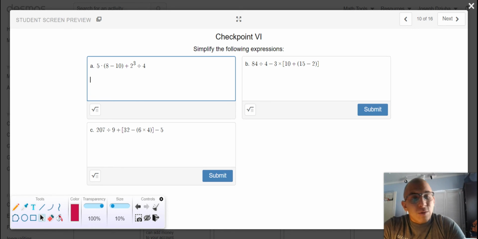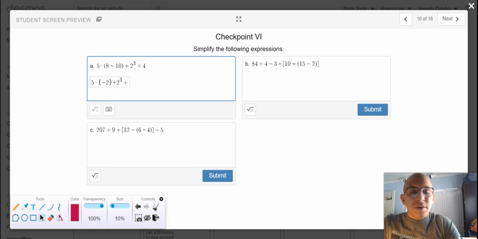First and foremost, I see that we have a parentheses. Therefore, if I look within it, I do see an operation of subtraction, and that is what I will do first. So 8 minus 10 becomes negative 2. Copy this symbol. Don't know the keystrokes.